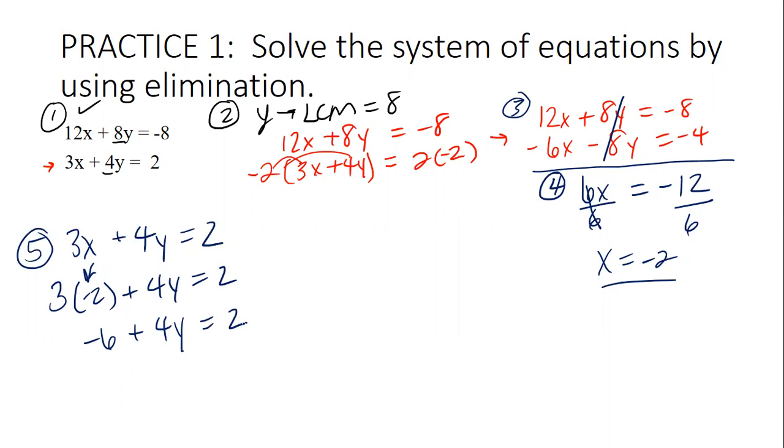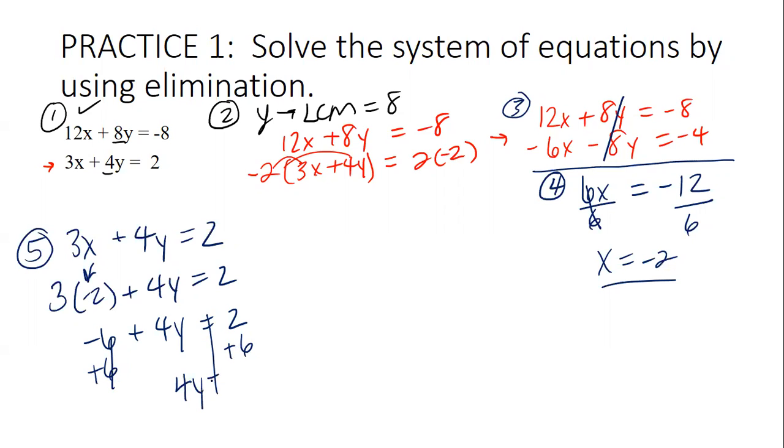what are the steps I have to take to get y by itself? How do I move the 6 over? It's a negative 6, so I'm gonna have to make it a positive. So I add 6 to both sides.